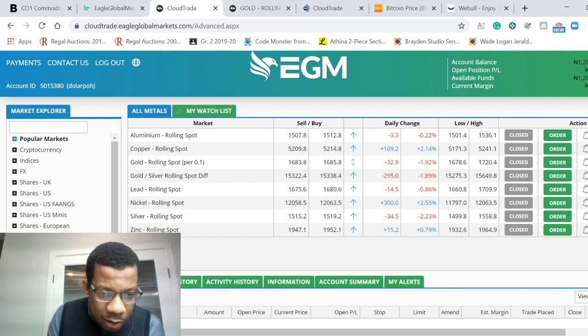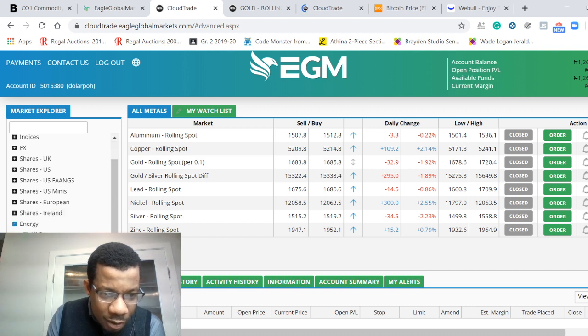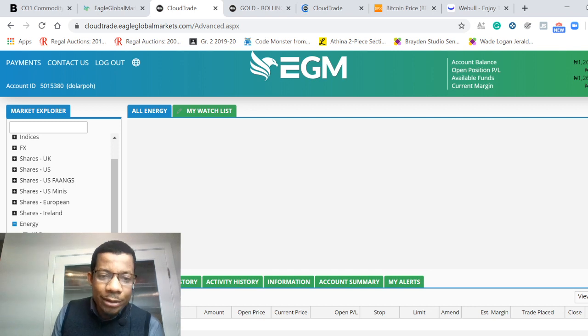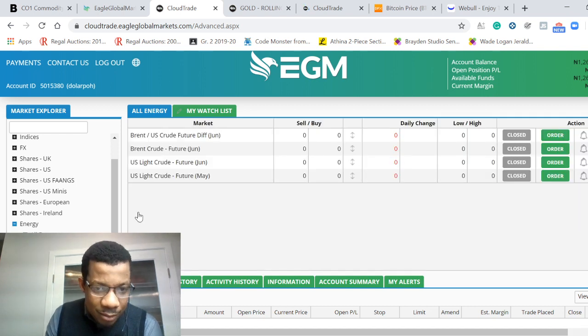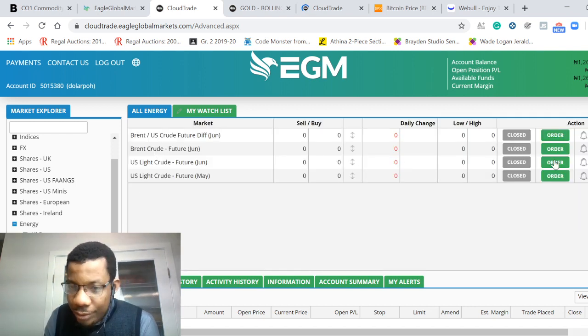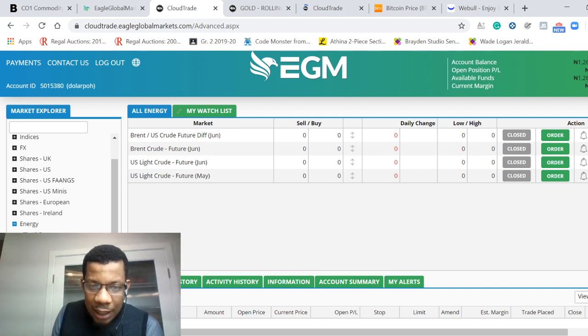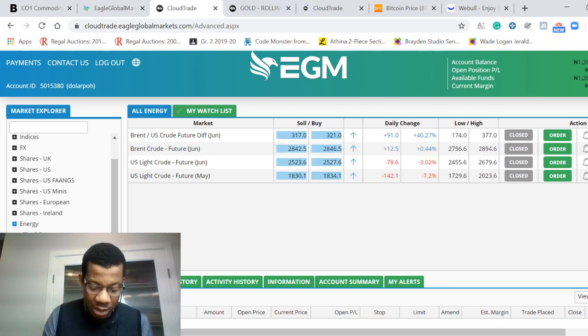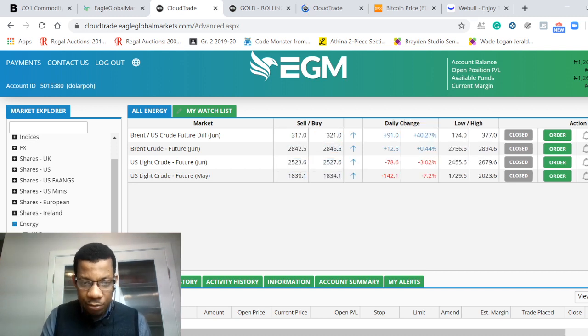Okay, let's look at, I think, my number one commodity that I'm always talking about. Let's look at crude oil. So on this platform you can also buy crude oil, and it's traded as a future product.